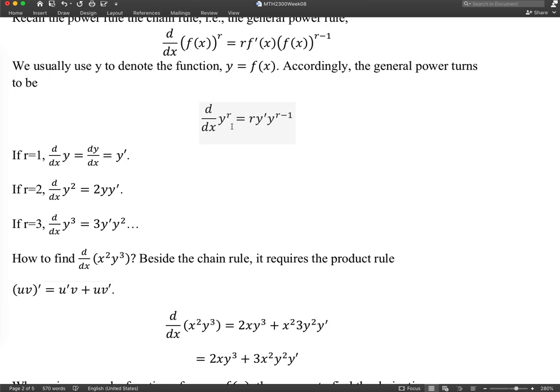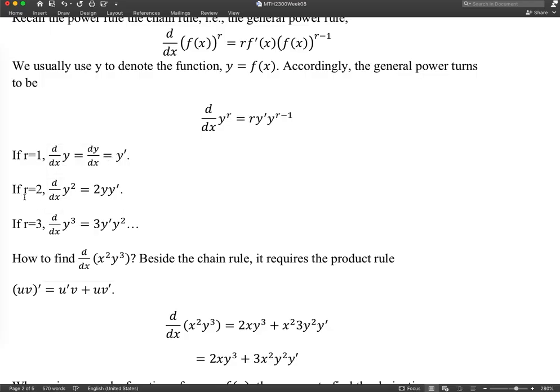Keep in mind y is assumed, is implied, as a function of x. The derivative we are calculating is with respect to x. So if you have any confusion about this way of writing, keep in mind y is implied as a function of x. So when r equals 1, d/dx of y, which is dy/dx, is just y prime, like we did many times.